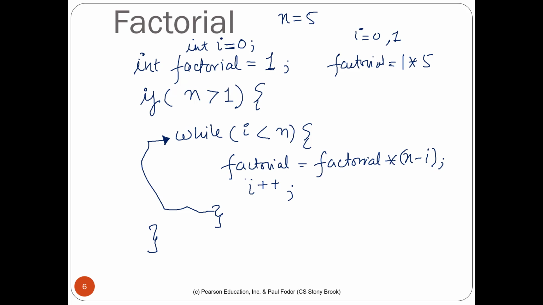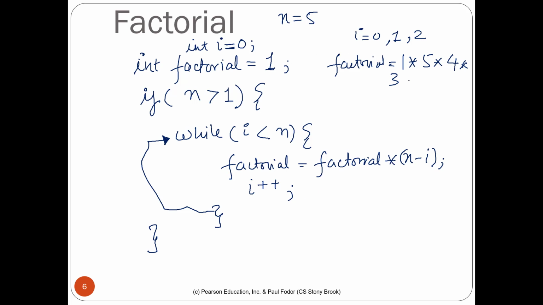And here, now factorial is equal to factorial, which is 5. It was already 5. 5 is to be multiplied by 5 minus 1, which is 4. Alright, then you will increment i plus plus, i will become 2. When i is equal to 2, 2 is also less than 5, you come back here and you will set factorial is equal to factorial into whatever this was multiplied by 3.